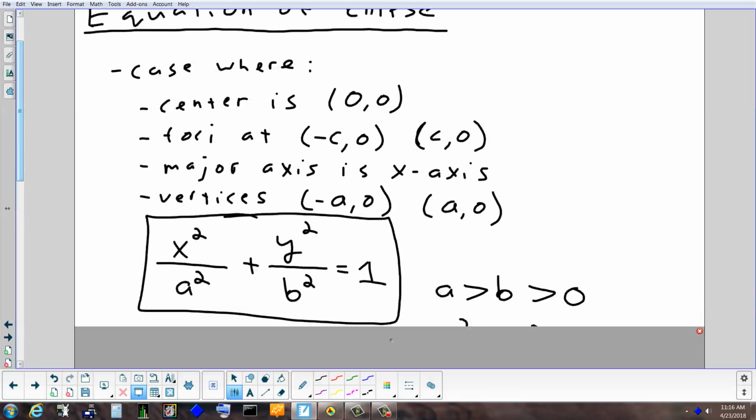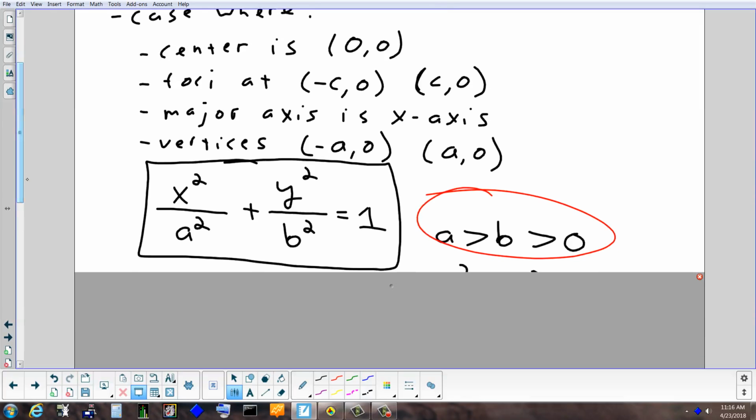I didn't mention anything about b up above. Well, a couple things about a and b. First of all, a is always bigger than b. Always. So if I give you two numbers and you're not sure which one is a, it's the bigger one. And they're both greater than 0. So a and b are never negative.